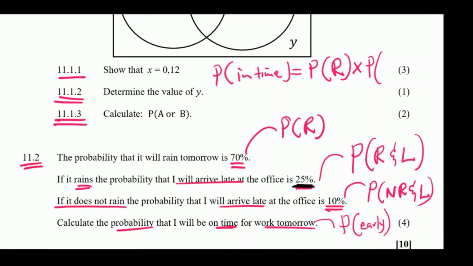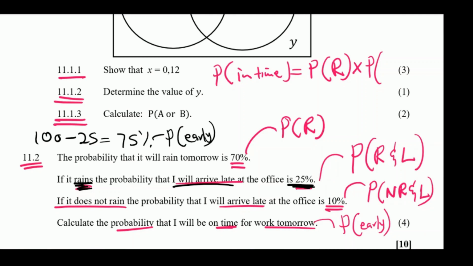It's because this is late. It will rain and you'll arrive late, so it's 25%. So you're going to say 100 minus 25% is equal to 75%. So that is the probability that you'll be early.